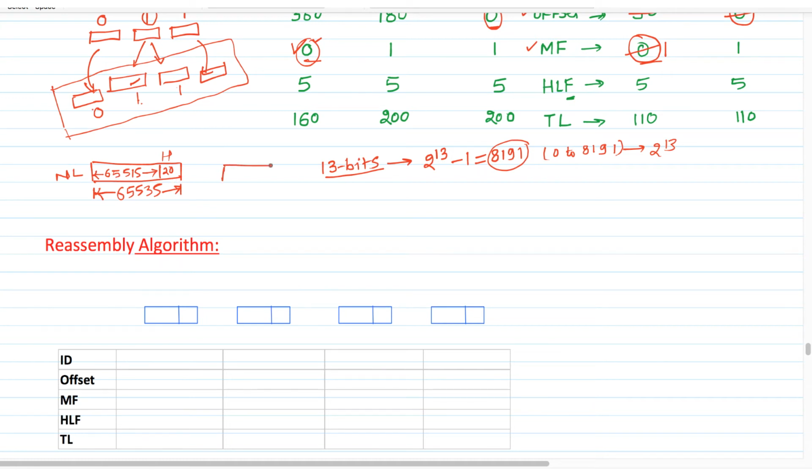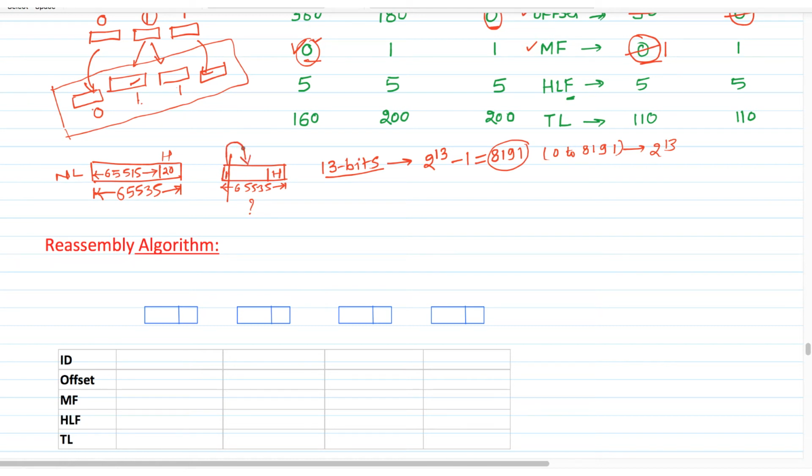Now suppose we fragment a datagram having size 65535 in such a way that the last fragment has only 1 byte of data. Then the offset value for this fragment will be how much? The offset value will be equal to the number of data bytes ahead of this fragment.